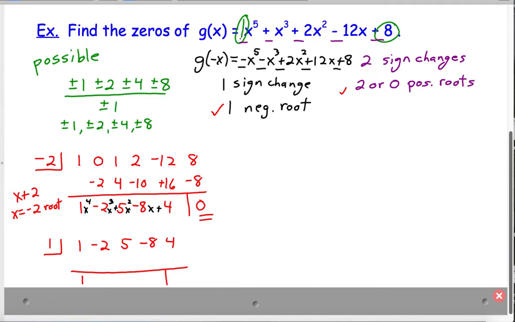So I bring down the 1, multiply by 1, I get 1, add those, multiply, add, multiply, add, multiply. Perfect. I found another one. So I know that x minus 1 is a factor, and that x equals 1 is a root, or a 0.